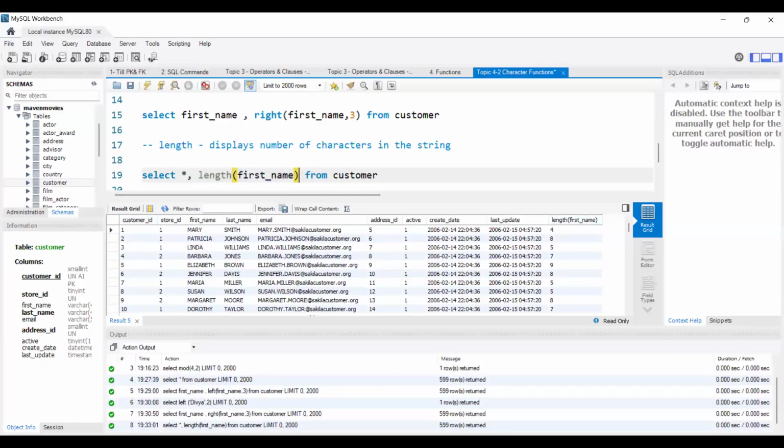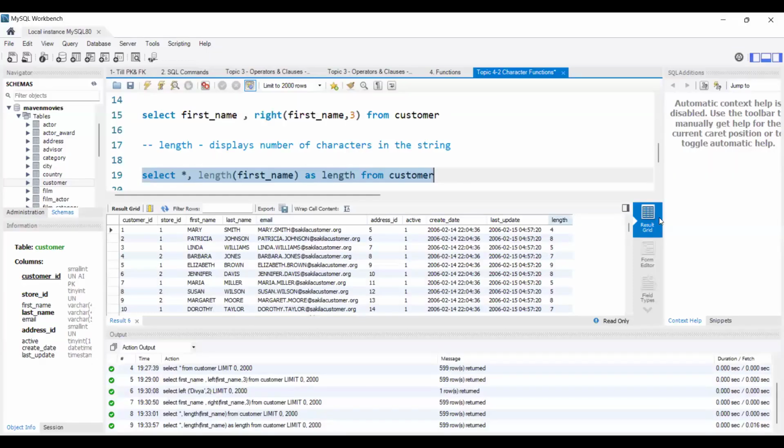Here you can see the column name is length of first name, right? I can give an alias name also, as I said yesterday. I can directly give it as length, or else length underscore first name also. I can give anything. If you just want to change the name, we give the alias name, right?